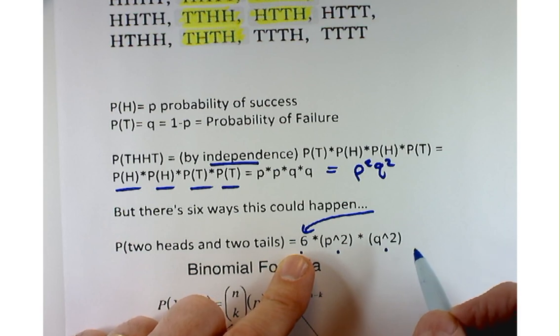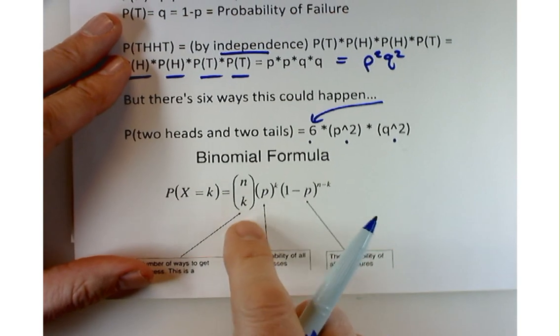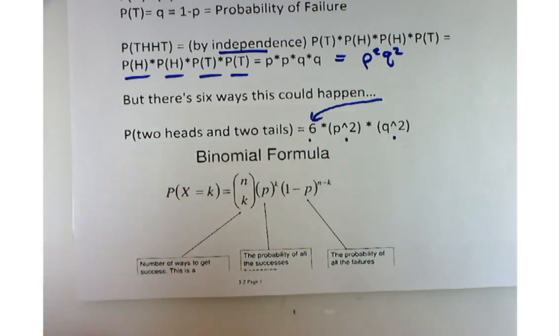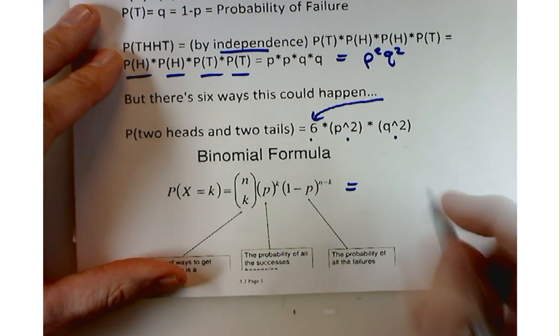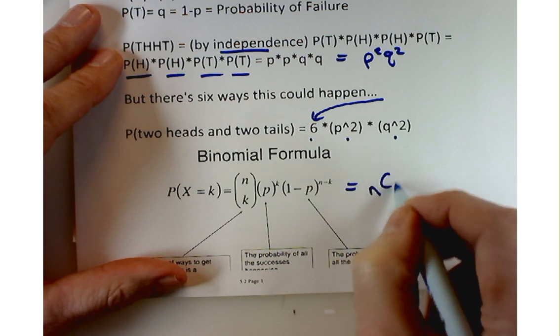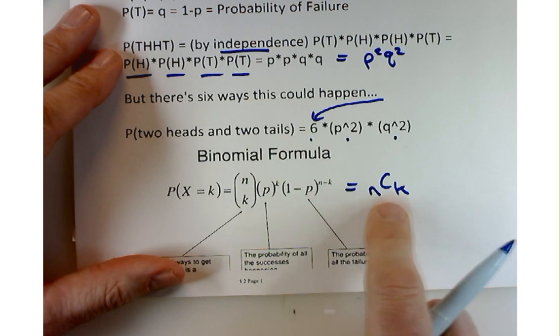And that thing is the formula for a binomial probability. Now, you don't have to really know this, but let me show you all the little parts of this. Now, the notation here is a little different than what we use. So we'll do n choose k. Does anyone remember that? What's that for? Combinations.